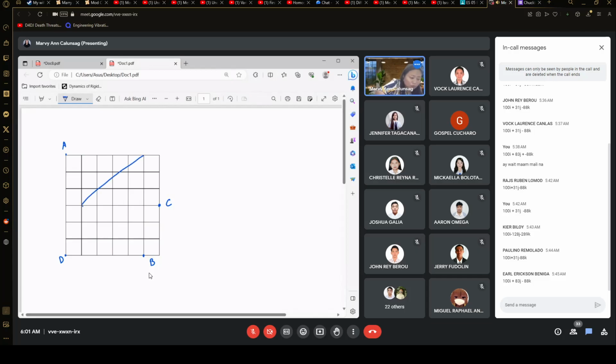This is your force F, wherein the slope of F is 3, 4, 5, a special triangle, 3, 4, 5.